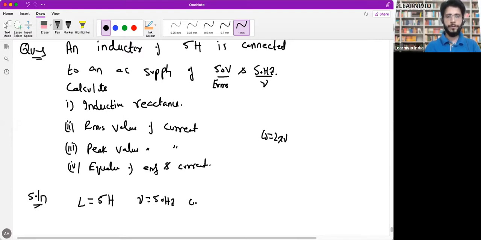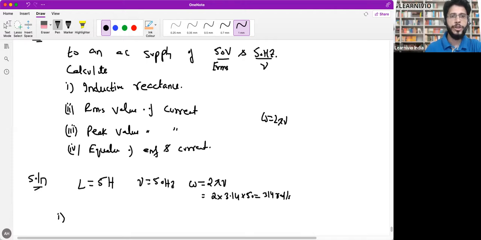If frequency is given, that means angular frequency is given, which is 2 pi nu. So that will be 2 into 3.14 into 50, which is 314 radian per second. That's the first part.